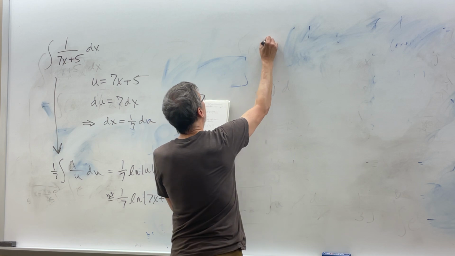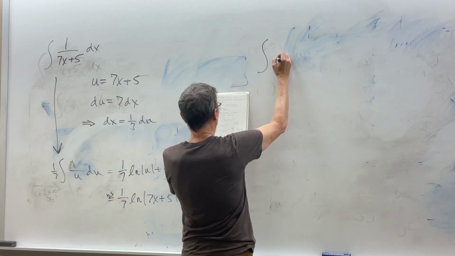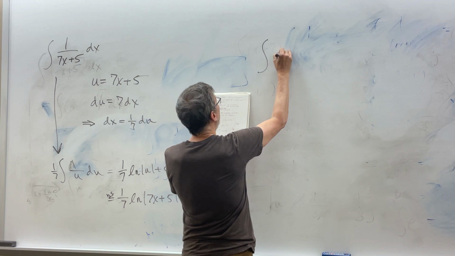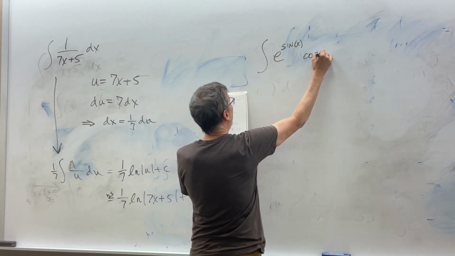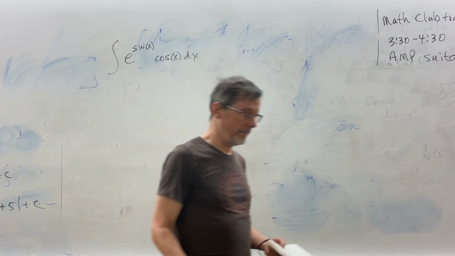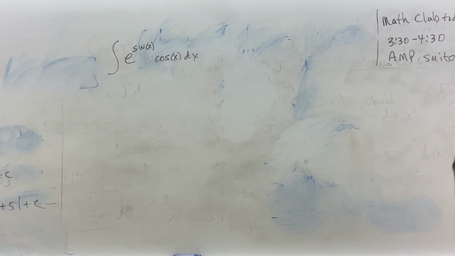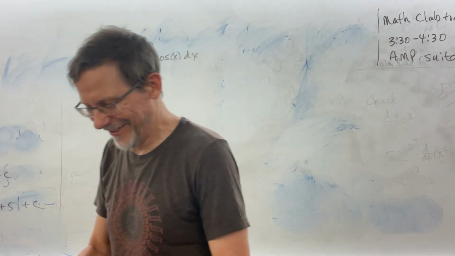All right, here's a fun one. Integral of e to the sine of x cosine of x dx. That's not even the evilest thing I'm seeing on this page, so you're welcome.